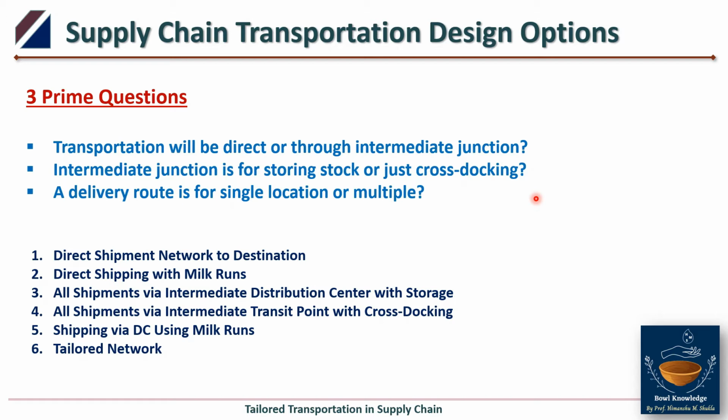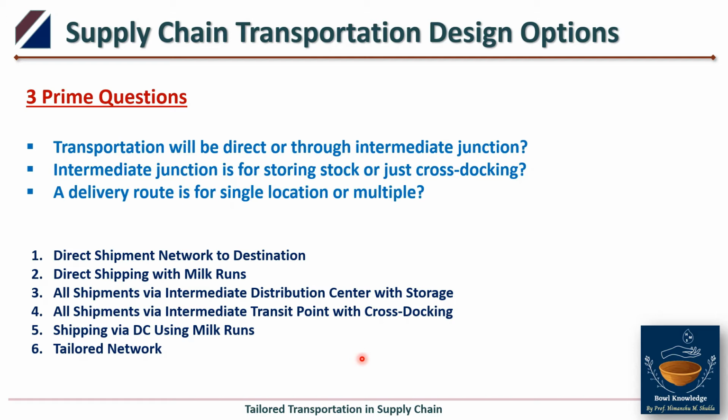Cross docking means we are shipping the product to some junction, there that product is unloaded from the truck and immediately loaded to some small vehicle to be delivered to the customer. So there is no storage at that junction. That is called cross docking. And the third question is, the delivery route is for a single location or for multiple locations. The answers to these questions will give us the design options for supply chain transportation.